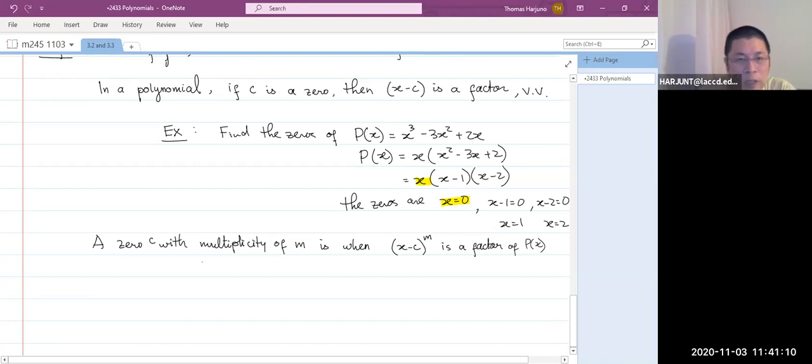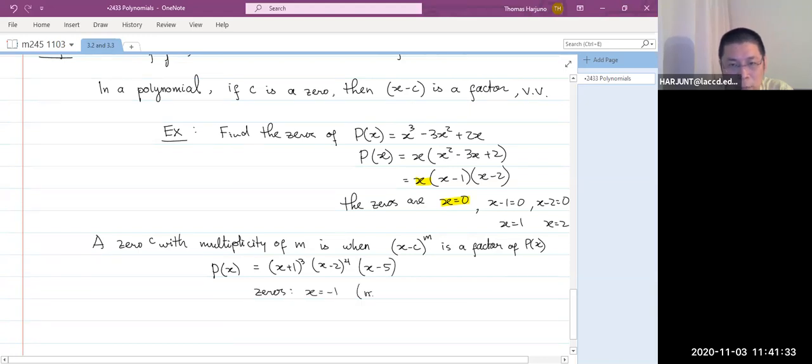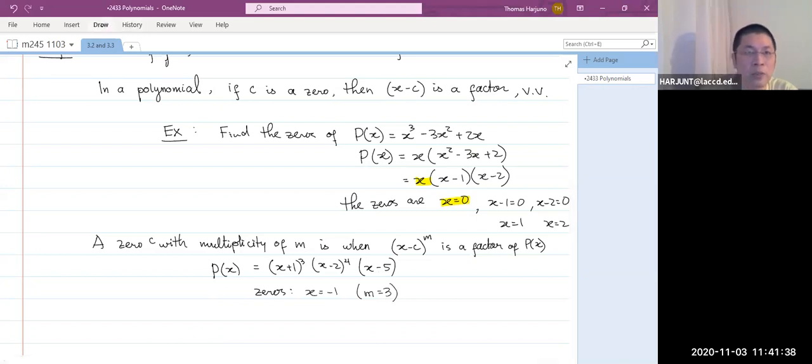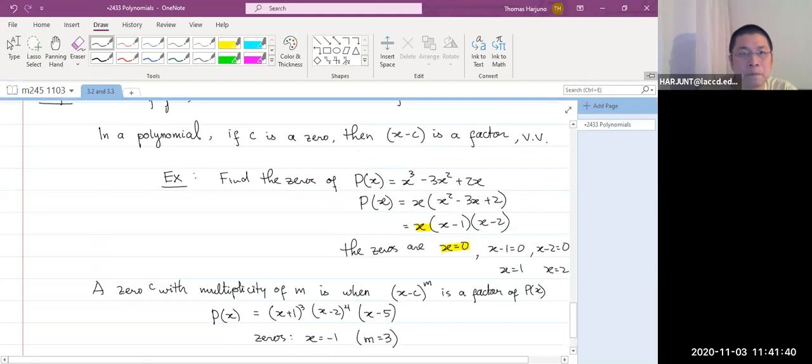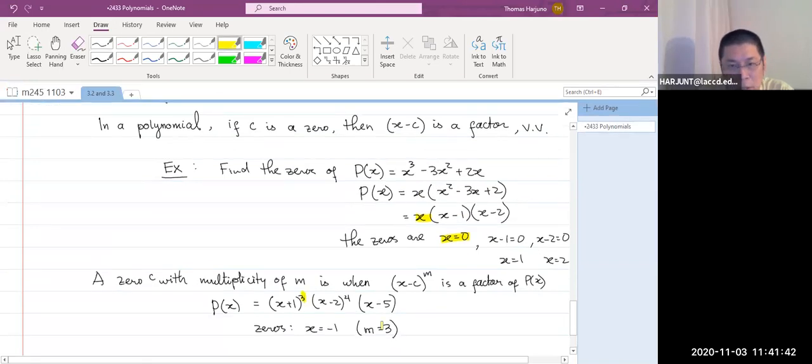So for example, if I have p(x) equals x plus 1 cubed, x minus 2 to the 4th, and x minus 5. Then we say the zeros are x equals to -1 with multiplicity of 2. I'm sorry, with multiplicity of 3. Why? Because it happens 3 times there.